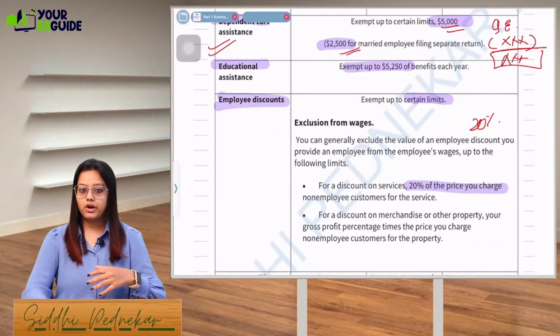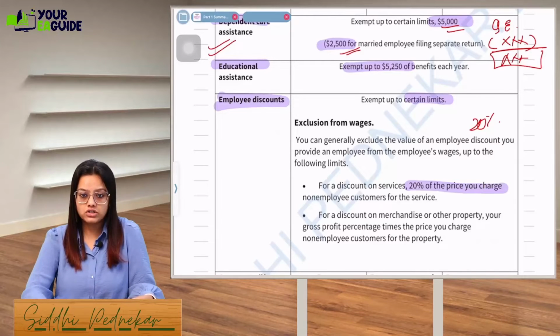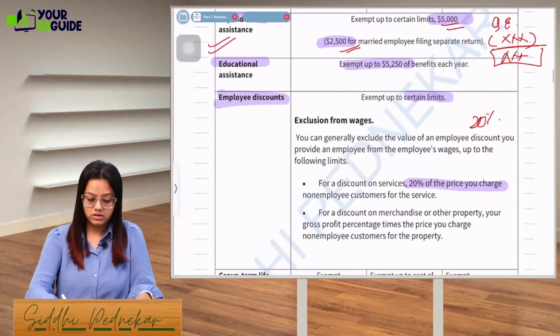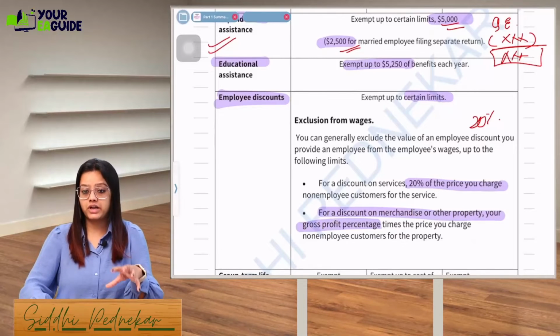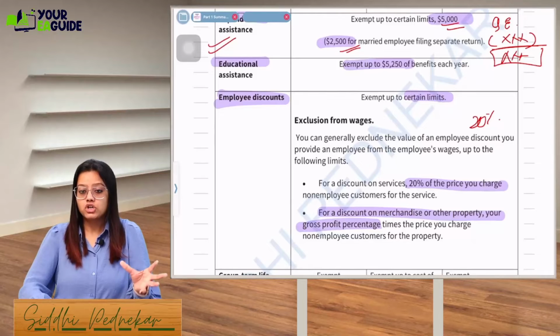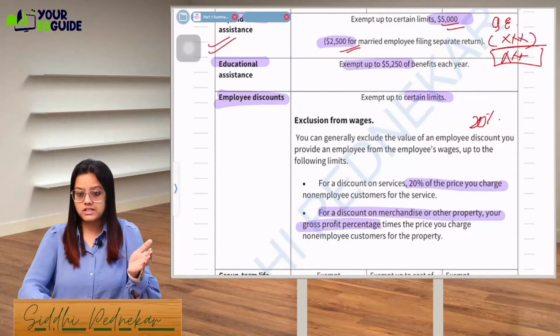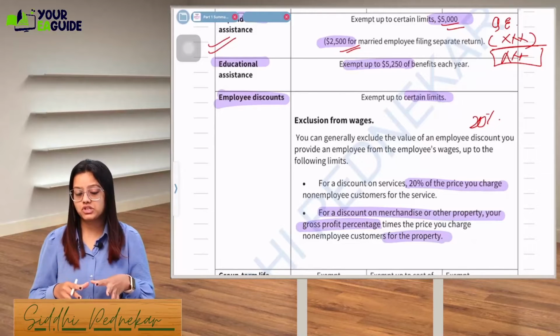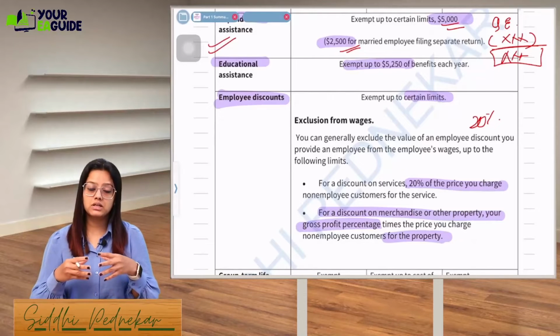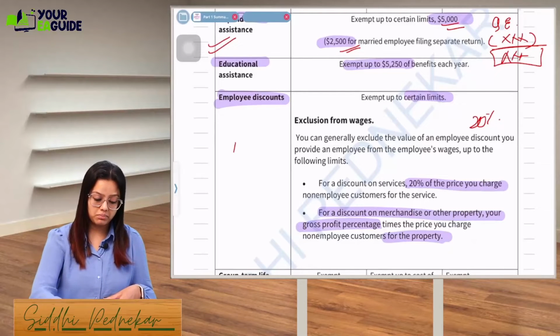Second thing, the employer doesn't have to incur any additional cost for giving that discount. Third, for discount on merchandise or other property, your gross profit percentage times the price you charge to non-employee customers for the property should be similar. Just remember like this, maximum 20% discount the employer can provide to the employee.